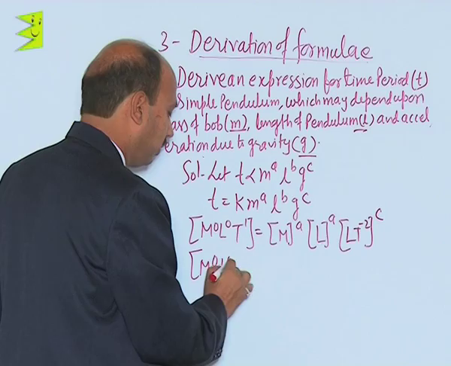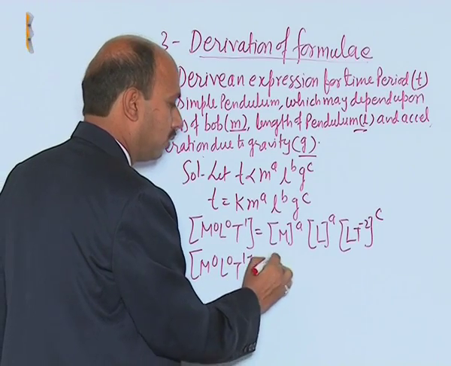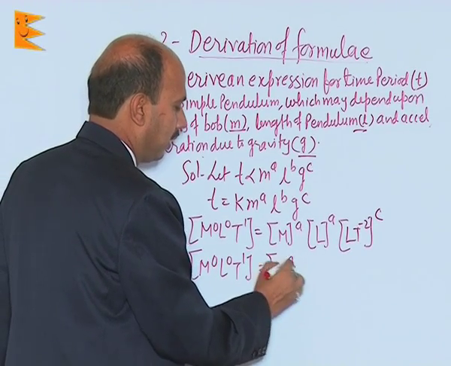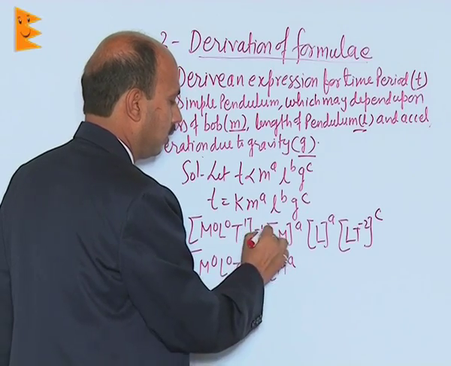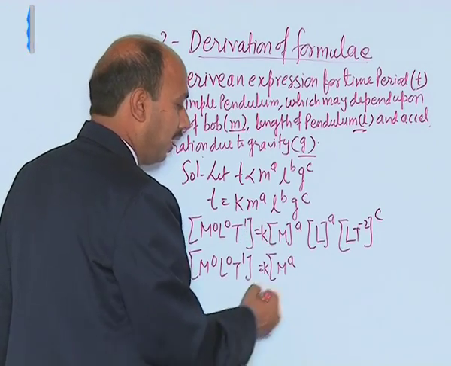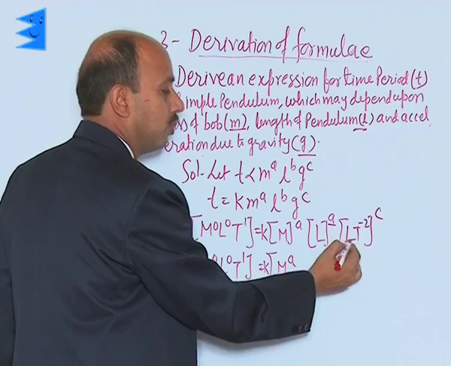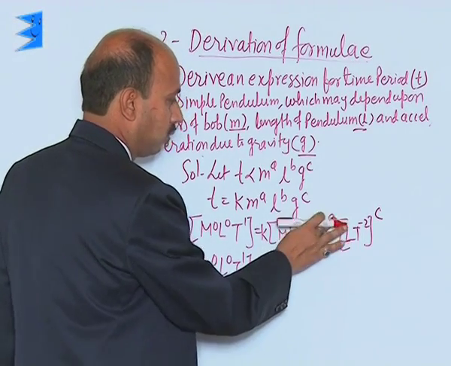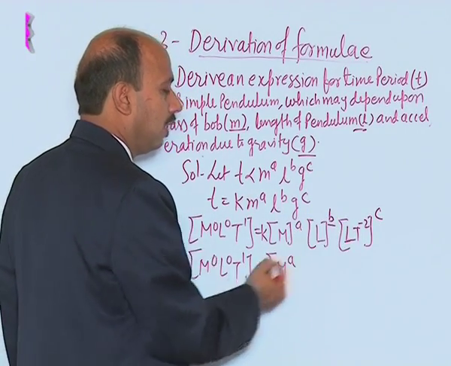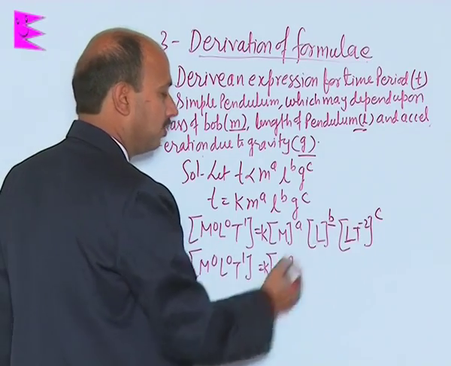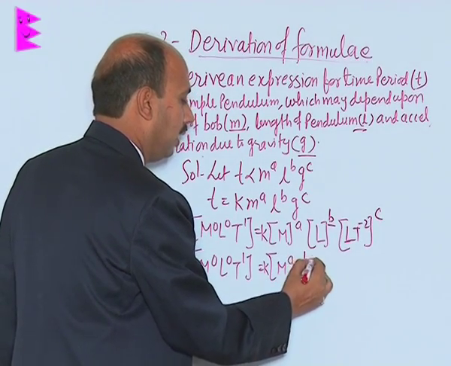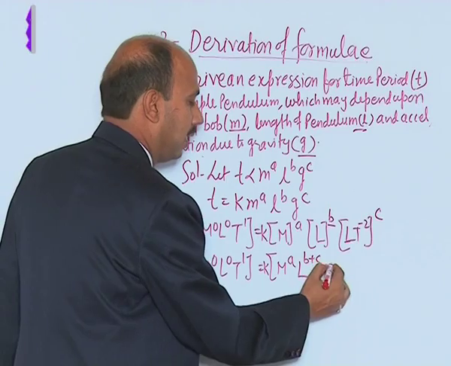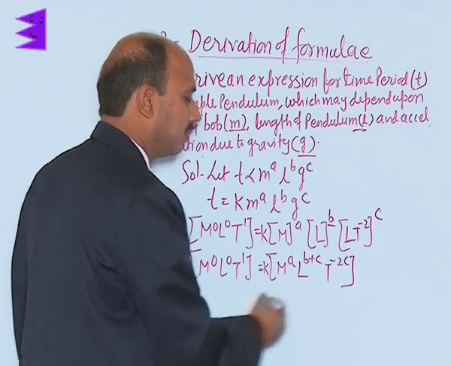M0 L0 T1 is equal to M raised to power a, L raised to power b, and L raised to power c here. So, we can write L raised to power b plus c and T raised to power minus 2c.